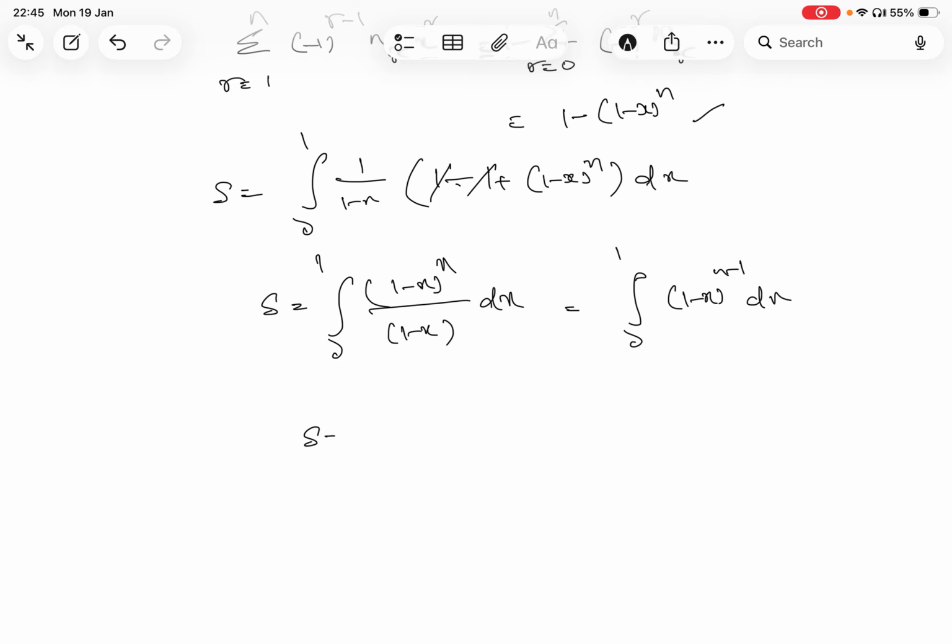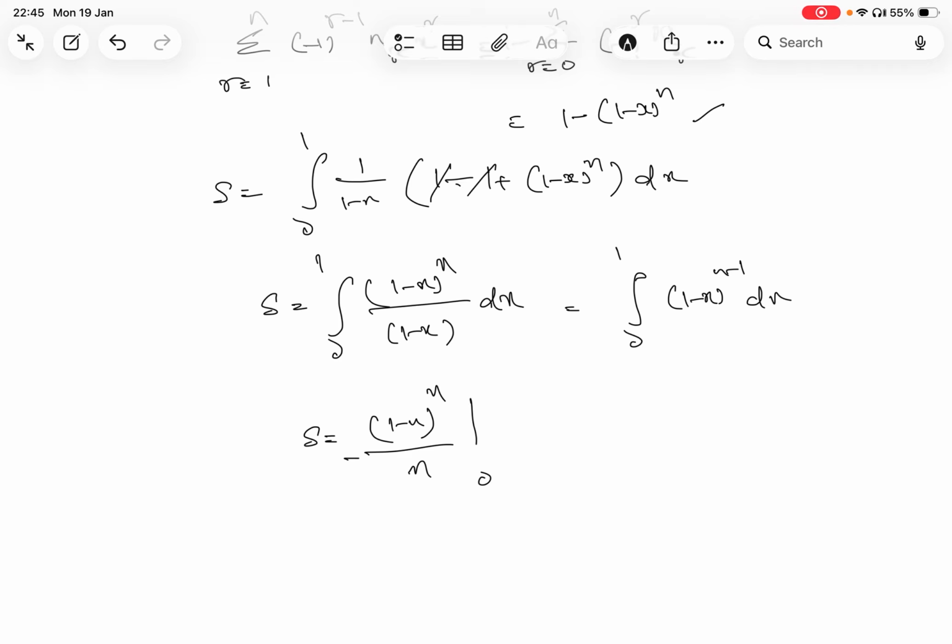Now this is just a simple integration, which gives (1 minus x) whole power n minus 1 plus 1, which is n, divided by n. Since we differentiate 1 minus x, we get a minus sign.